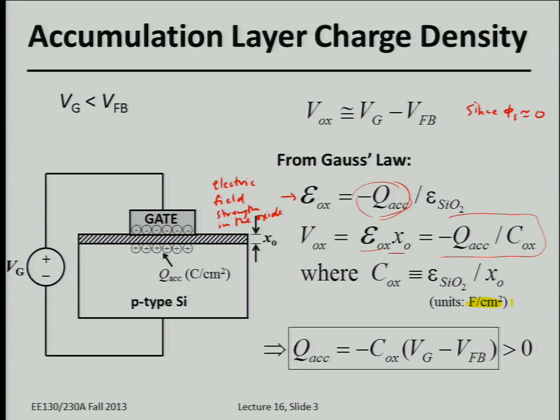And the permittivity of silicon dioxide, I mentioned last time, is approximately 1/3 of the permittivity of silicon. And the permittivity of silicon, as you know, is 10 to the minus 12 farads per centimeter. So it's approximately 3.33 times 10 to the minus 13 farads per centimeter.